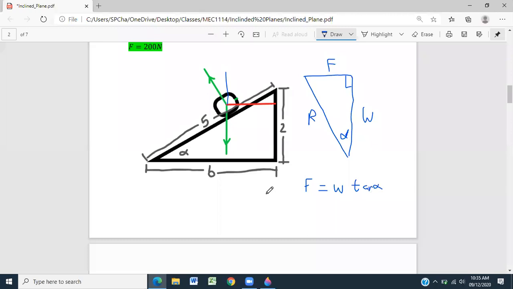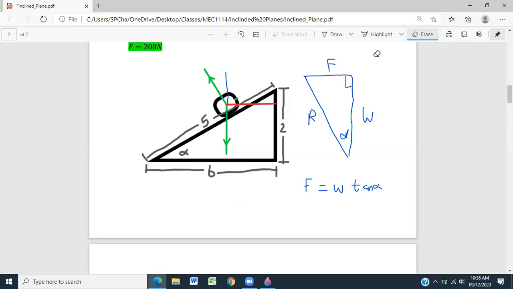Tan alpha is equal to opposite over adjacent, right? F over W, and we solve for F, right? Easy.